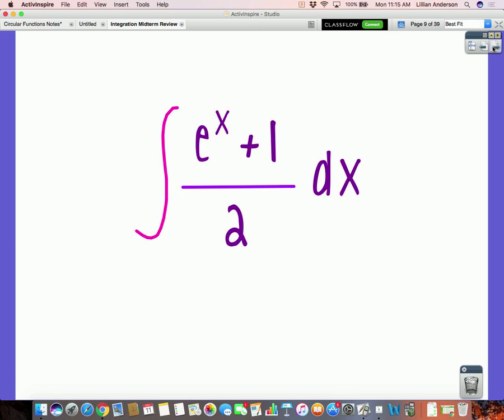Finding the antiderivative of this. Yeah.